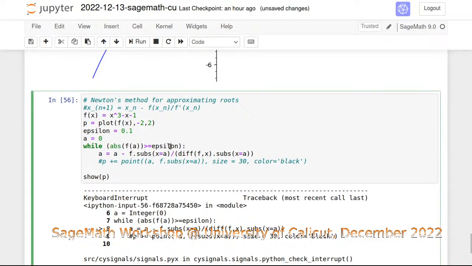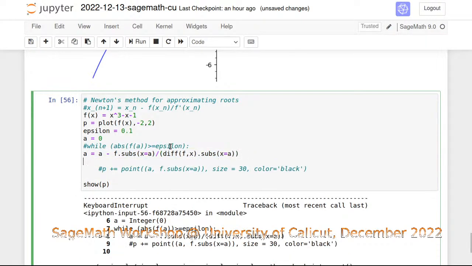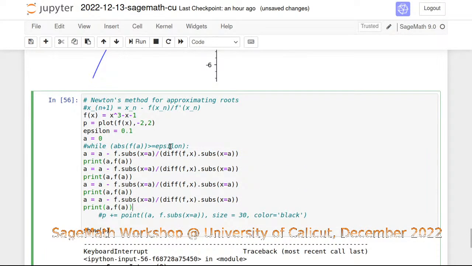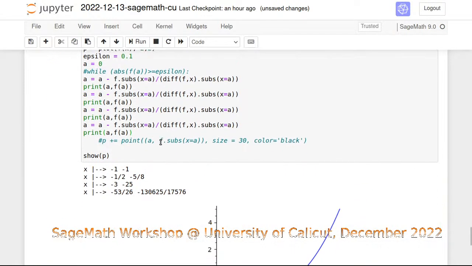Okay, let's try to do one thing. Let's do this 2 times and see what this f of x is. Print a, f of a again. What are the values? We probably need numerical values.